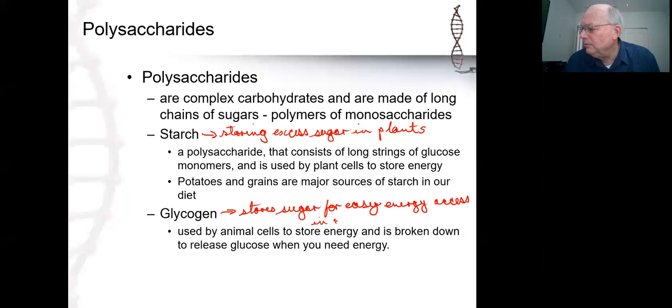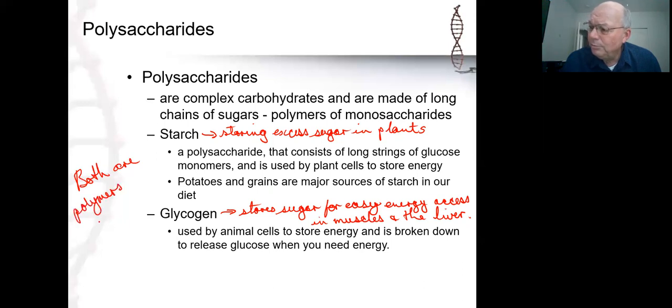In muscles and the liver. This is where we store our glycogen, and glycogen is found in animals. So these are ways of storing energy. And the sugar, by the way, is glucose. So both are bulk polymers of glucose.